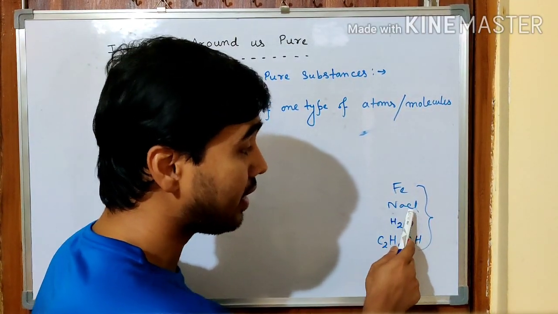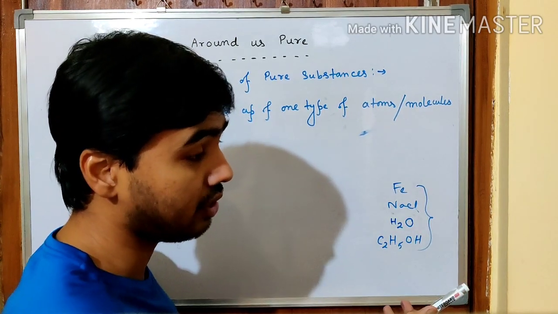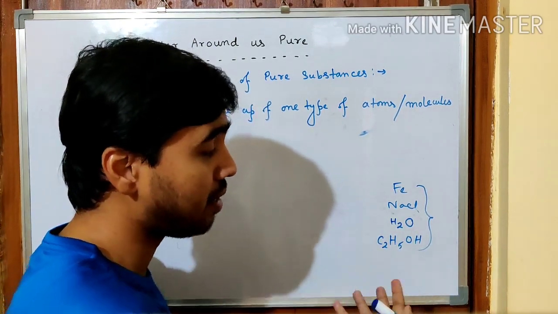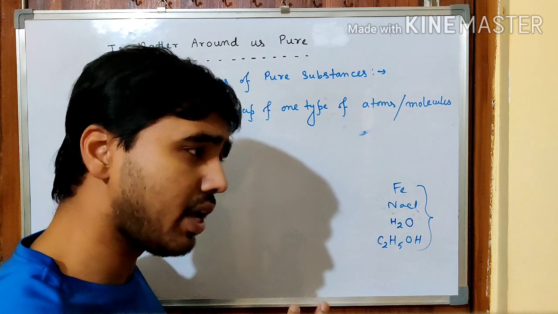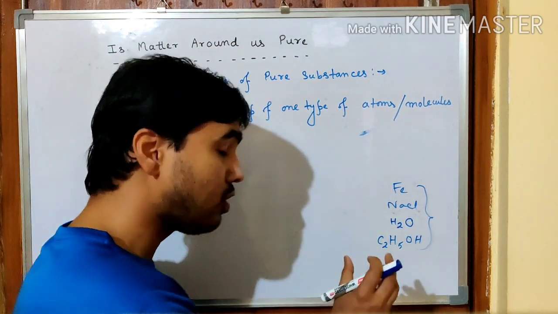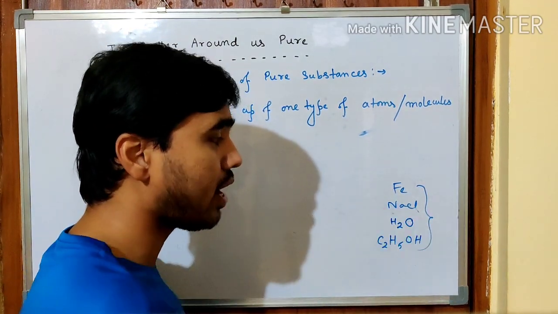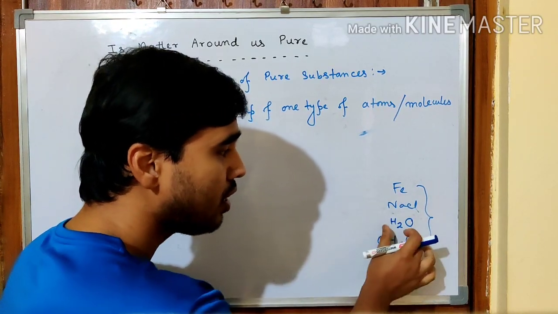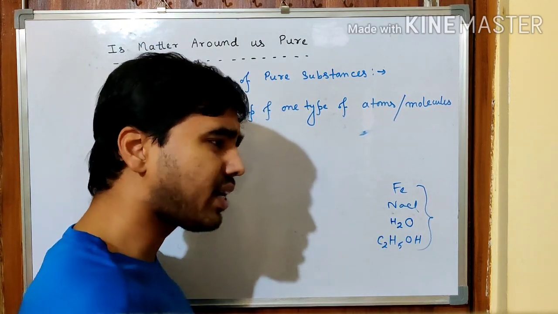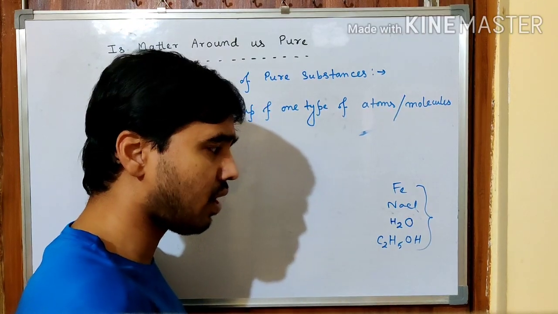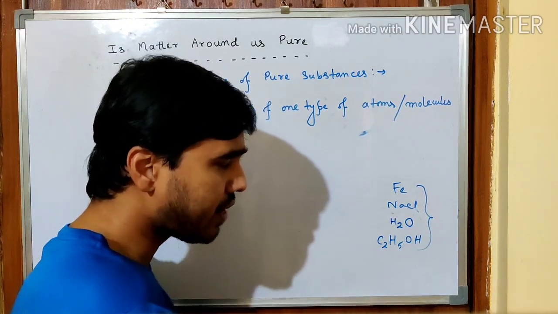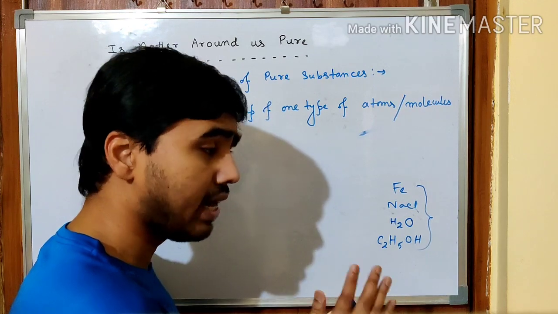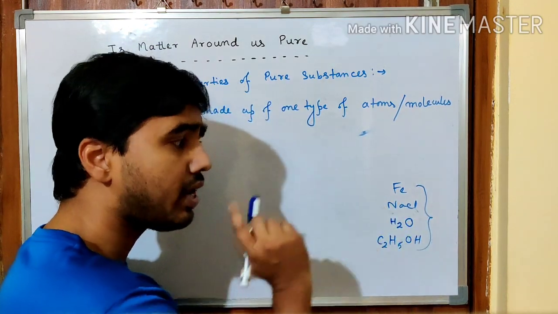You must be thinking that in sodium chloride there is sodium and chlorine, Na plus and Cl minus. We are going to discuss that. But once the molecule is formed, only sodium chloride molecules are there, nothing else. In water also, when it is present as water, it is not divided into H plus or OH minus. Remember, it is the intact water that we are talking about.